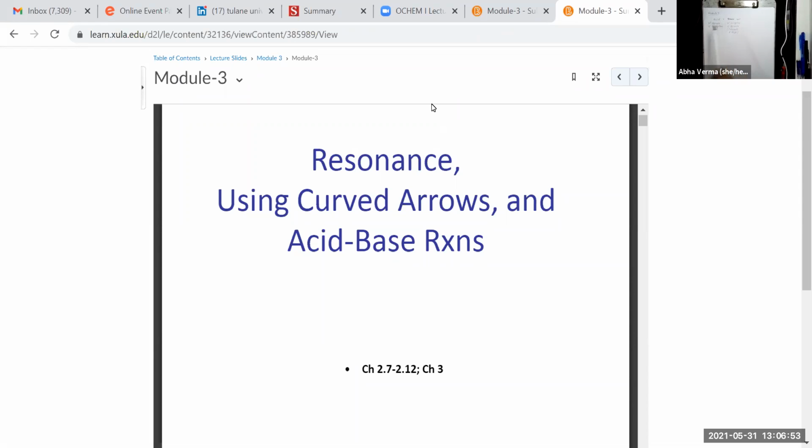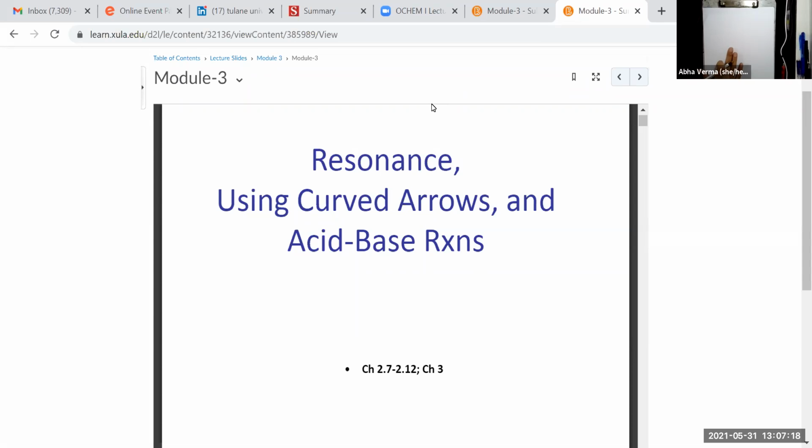I want all of you to be familiar with terminologies like protons, acid, base. So according to Bronsted, we deal with protons. According to Lewis, we deal with electrons. And we'll come back to this one more time when we actually start looking at the acid-base things.